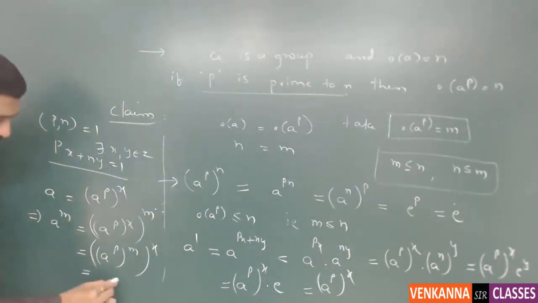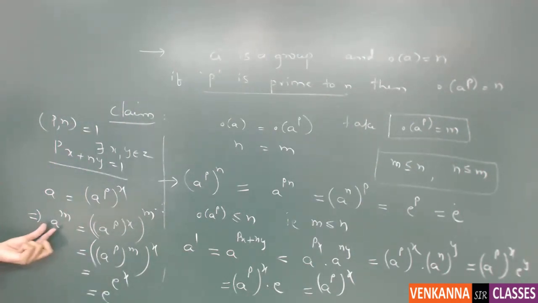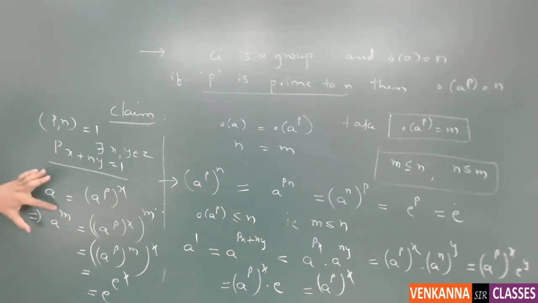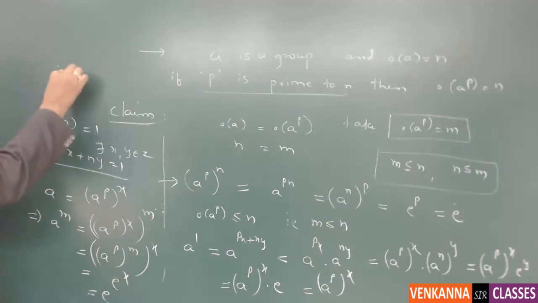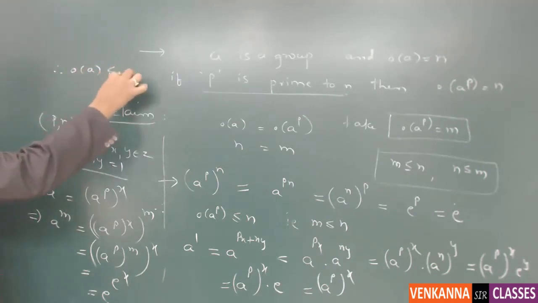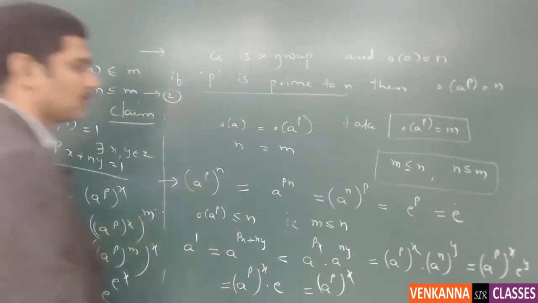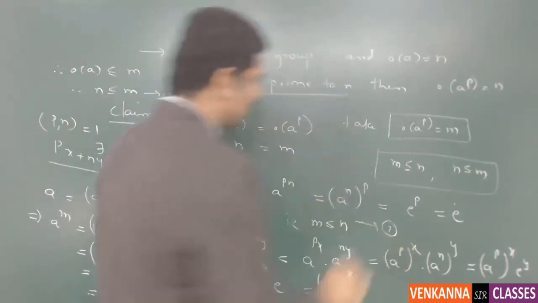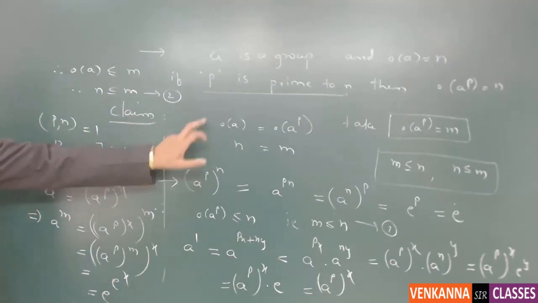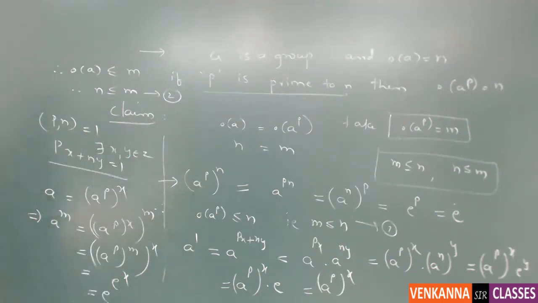So this is nothing but e whole power x, which is e. So what I got? I have raised the element a power up to n times. So I got identity. Since I don't know whether m is the least value or not, so I can say that the order of a is less than or equal to m. Therefore, n less than or equal to m. So from 1 and 2, I can say that m is equal to n. Therefore, the order of a is equal to the order of a power p.